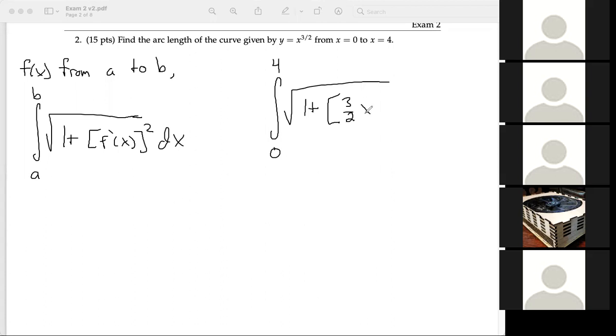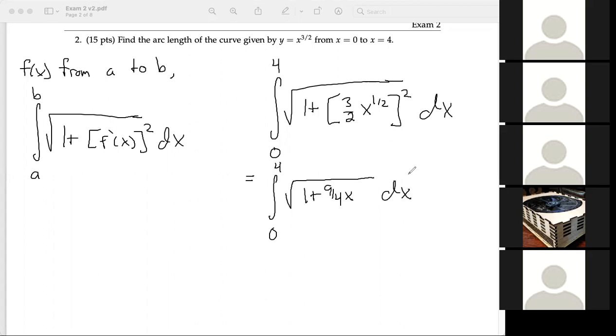So 3 halves x to the 1 half, all squared dx. So then squaring this, the biggest simplification is that we cancel this 1 half power, but we still have some things inside here. So this is 1 plus 9/4 x dx.